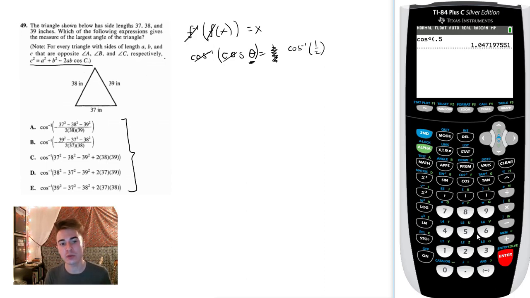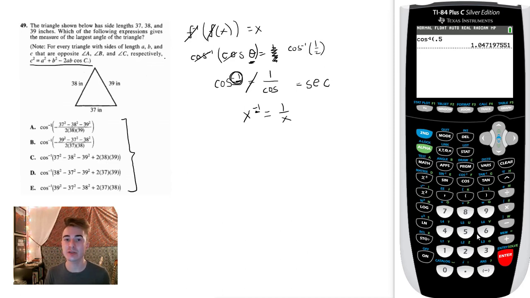It's really important that when we see cosine to the -1, we recognize that that is not 1 over cosine. 1 over cosine is secant, but this notation of to the -1 means inverse. It's not like, for example, x to the -1 equaling 1 over x. That's true, but that's just the exponent. This is not an exponent. This means inverse.